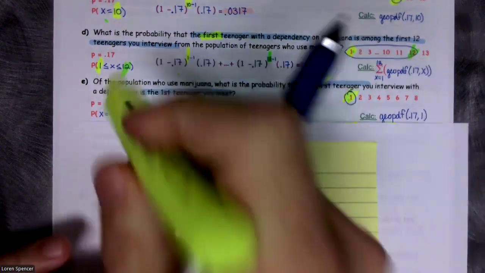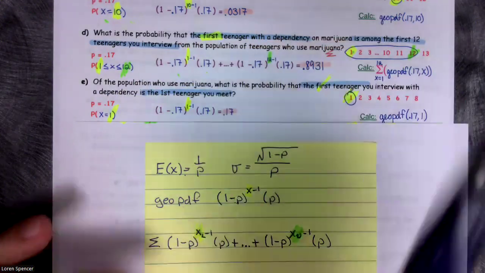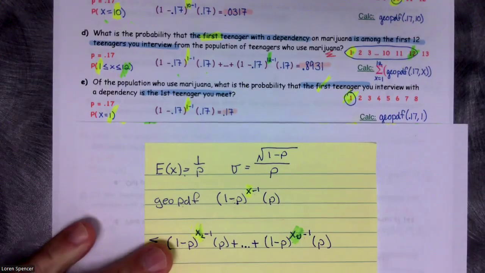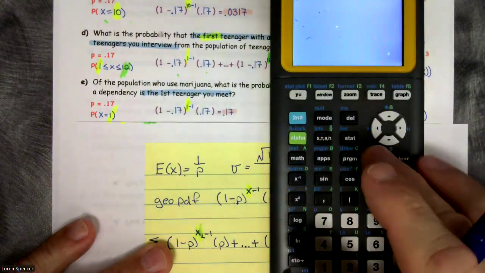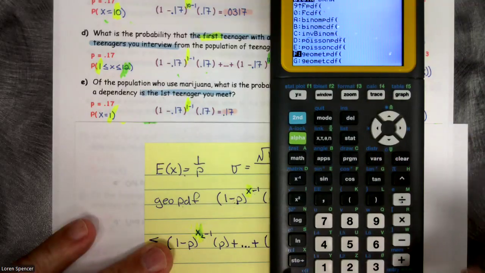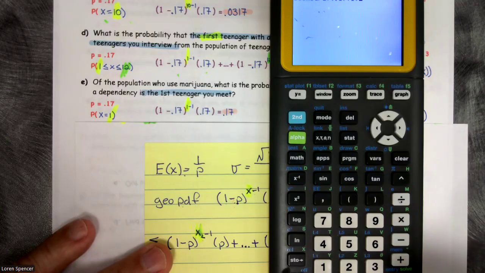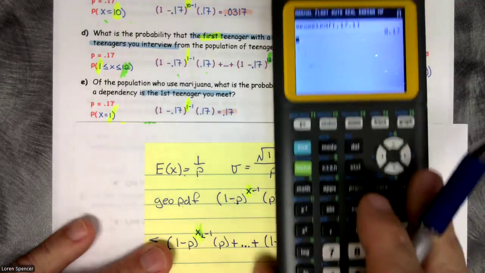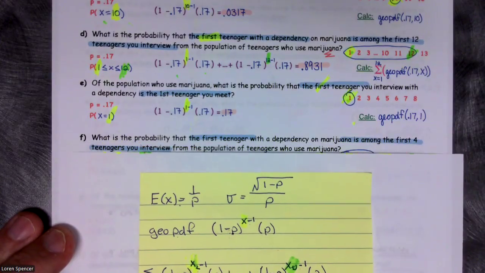So sure enough, that's what we have here, 1. The probability is still 0.17. Second vars, geometric PDF. Change that to a 1 because we want it to be the first person, and it's just our probability of 0.17, and that's correct.